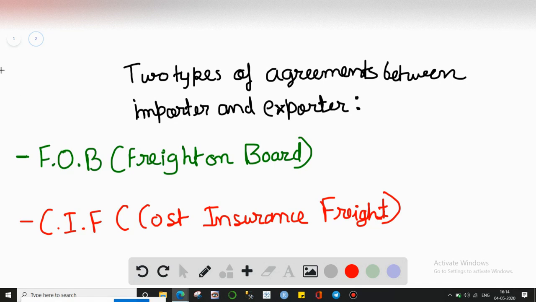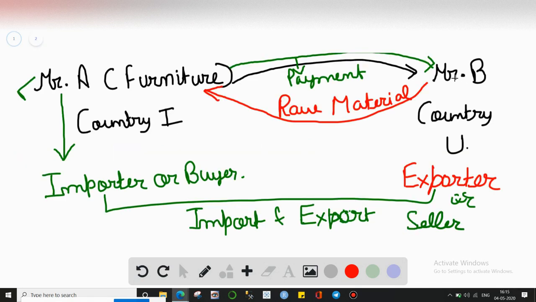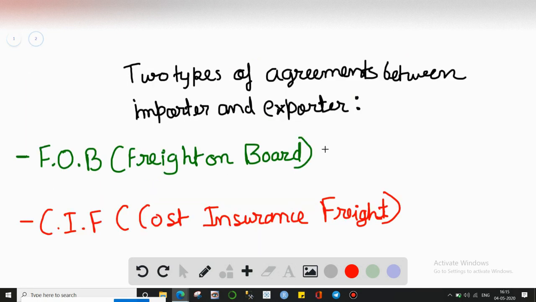Now if Mr. B is sending wood logs to Mr. A, let's say Mr. B is sending the material through ship. Now what happens? The transportation cost of the ship, which will be chargeable by ship owner, will be payable by Mr. A in case of freight on board basis.